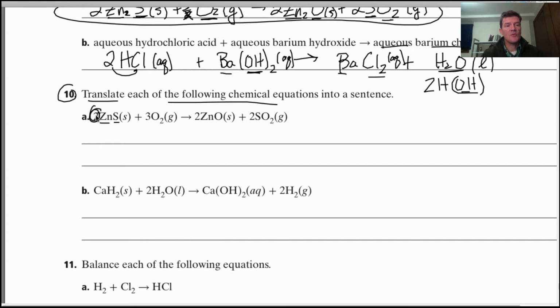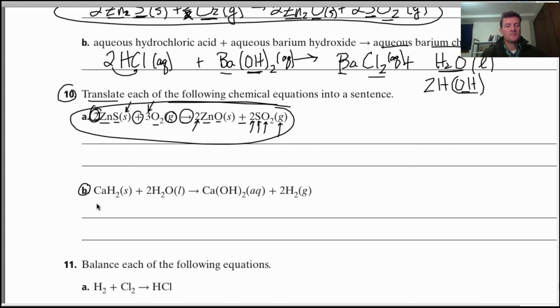I should actually say 2 moles of solid zinc sulfide reacts with 3 moles of oxygen gas to produce 2 moles of solid zinc oxide and 2 moles of sulfur dioxide gas. That's how you would read that right there. Okay?